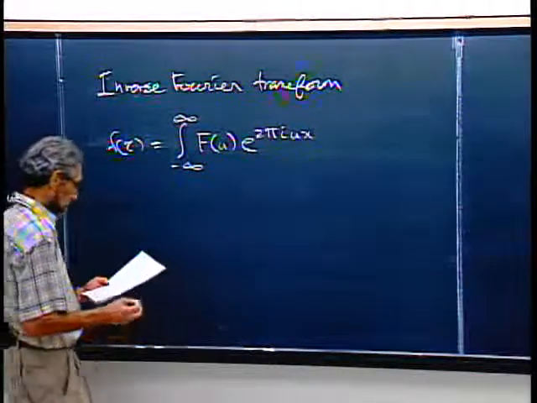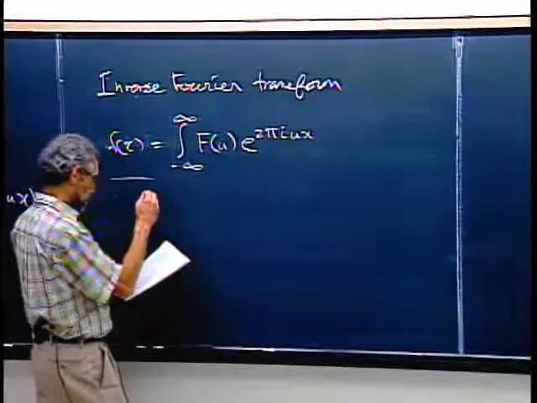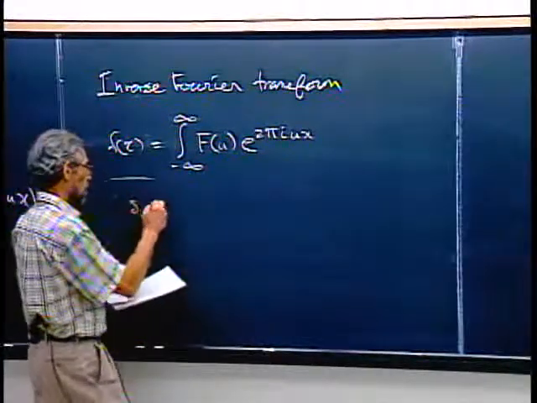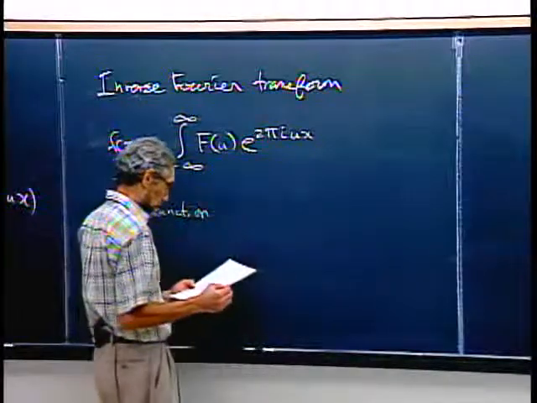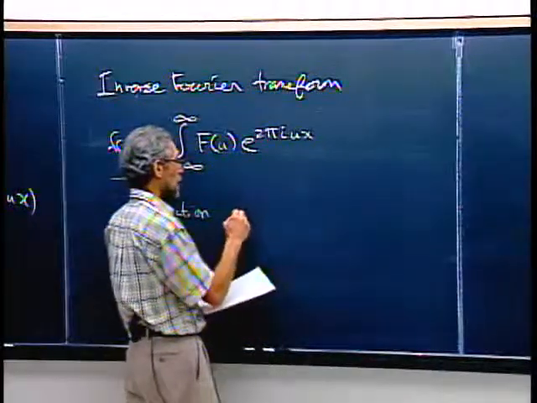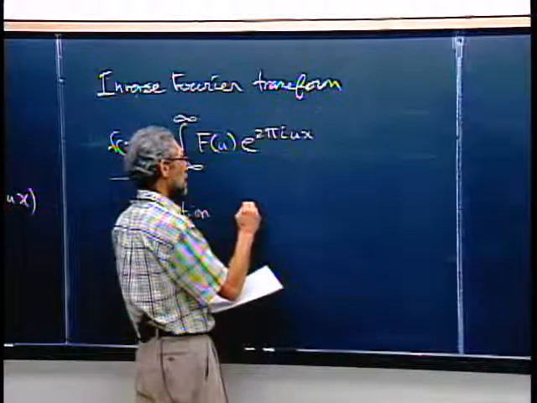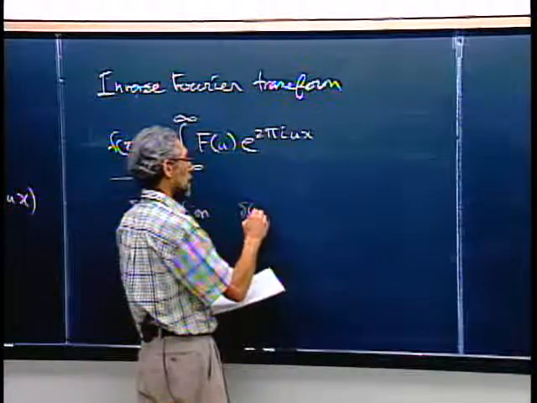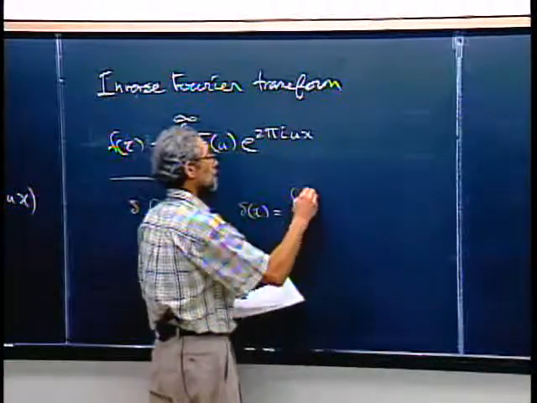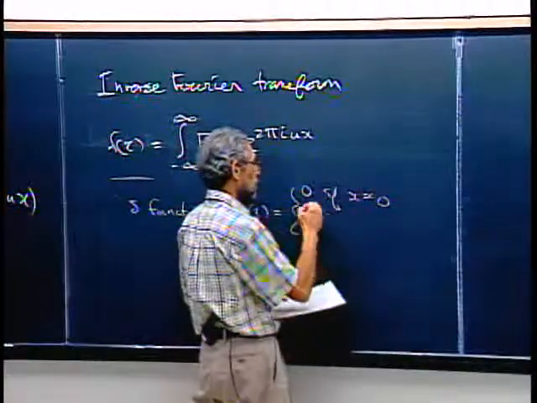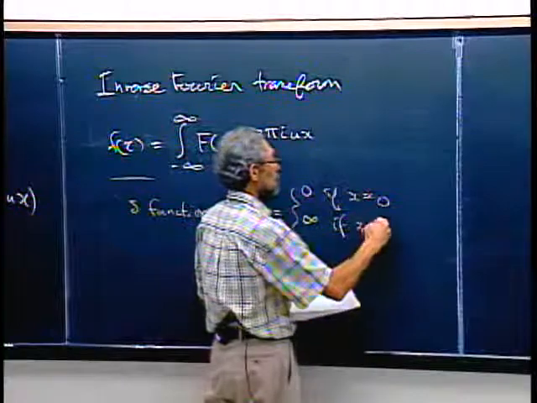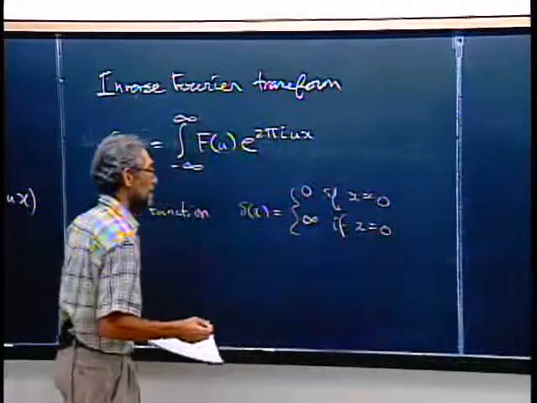And let me just keep up with the different things. The delta function, or the impulse function, has the property you can think of it as delta x equals 0 if x is not equal to 0, and some sort of infinite thing if x equals 0. But how infinite?